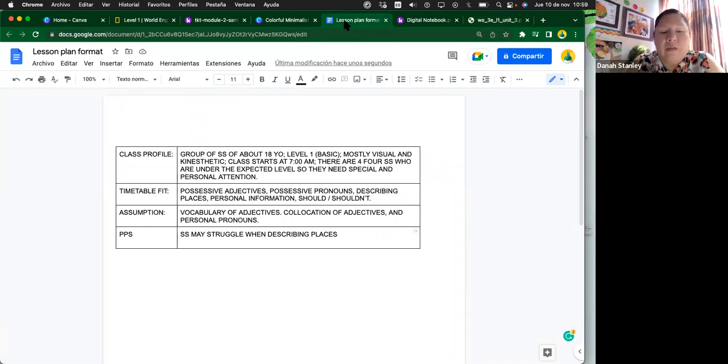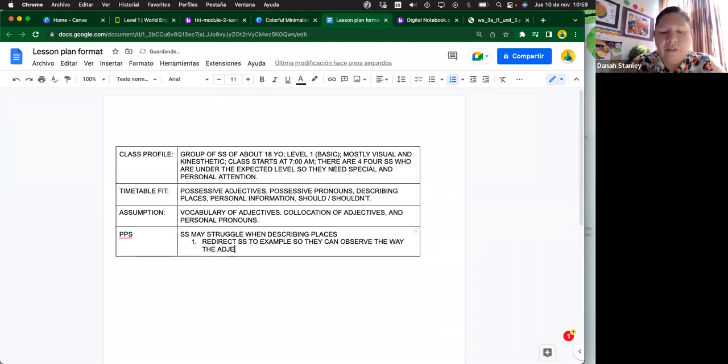Entonces, one, redirect students to the example so they can know or they can observe the way the adjectives are used.